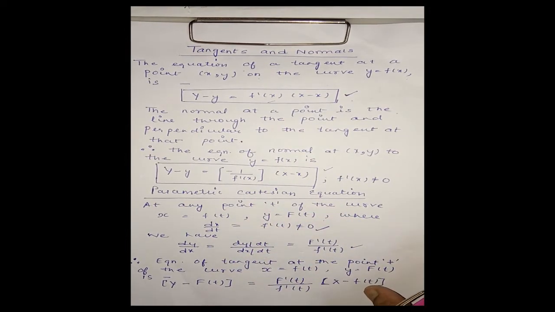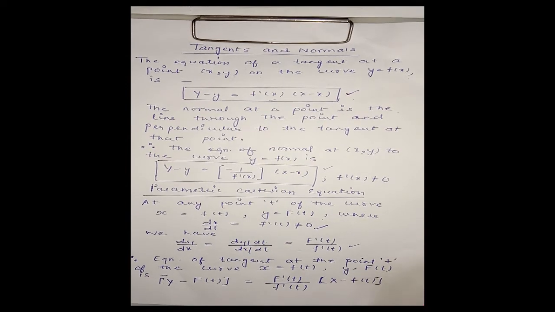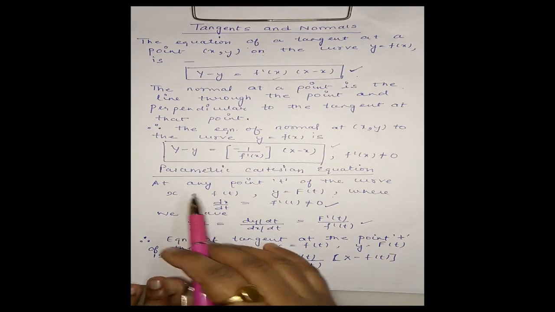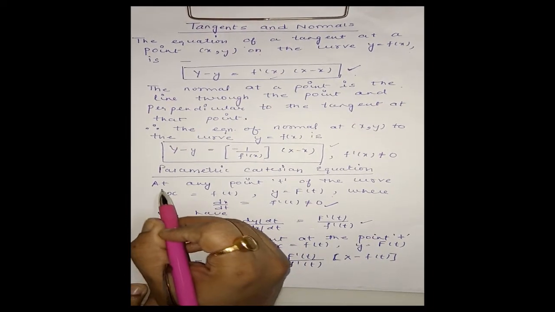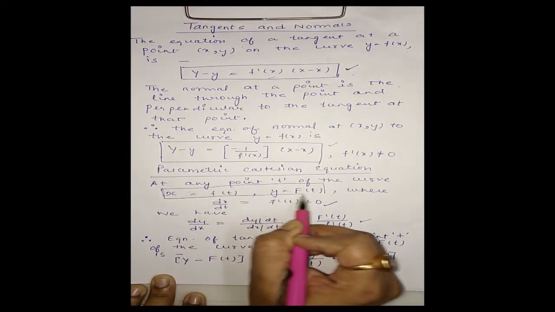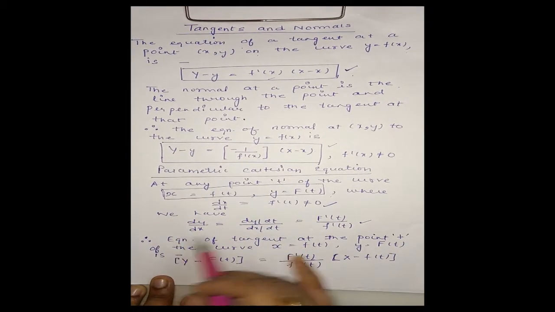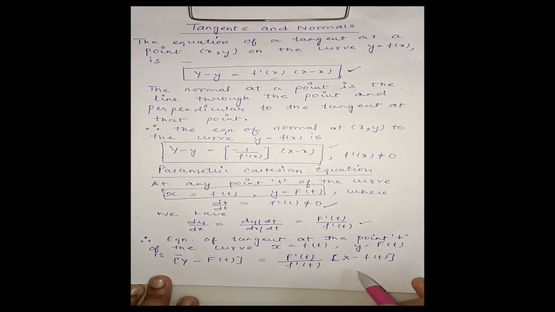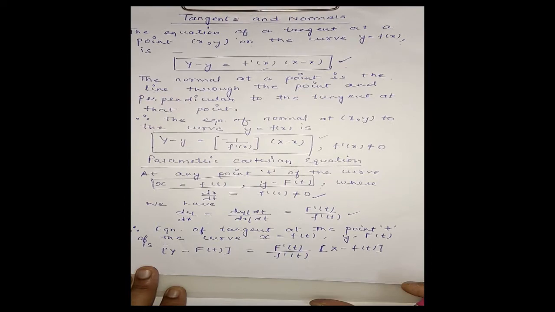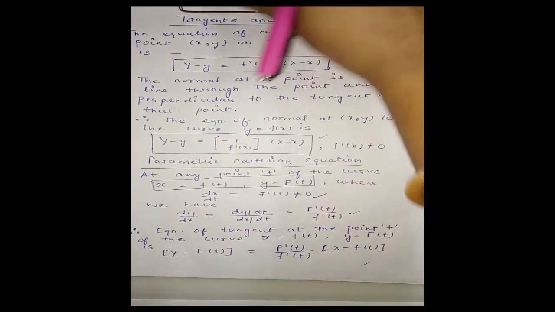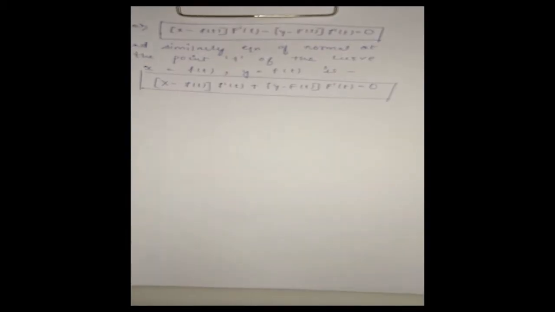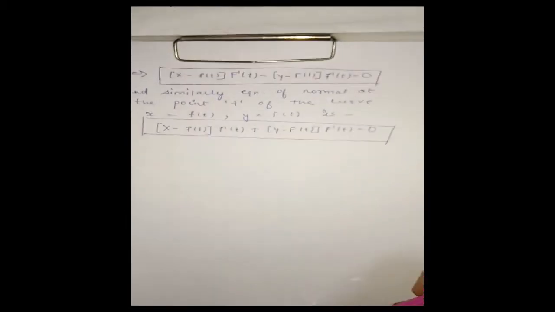Again, if the equation of curve is given in the parametric form, then in that case, if the curve equation is of this form, then equation of tangent at the point t is given by this relation, which on simplification will give us this.